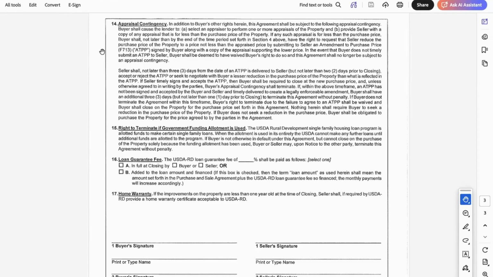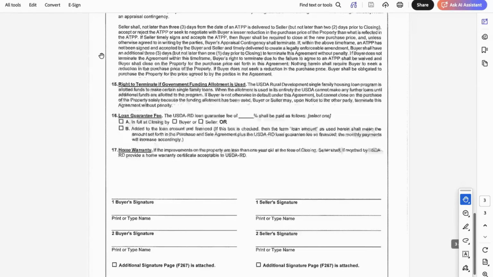If no agreement is reached, buyer has 3 additional days, but not later than 1 day before closing, to terminate. If buyer does not terminate, they must close at the original price. Buyer is not required to seek a reduction. If they don't ask, they must close at the agreed upon price.